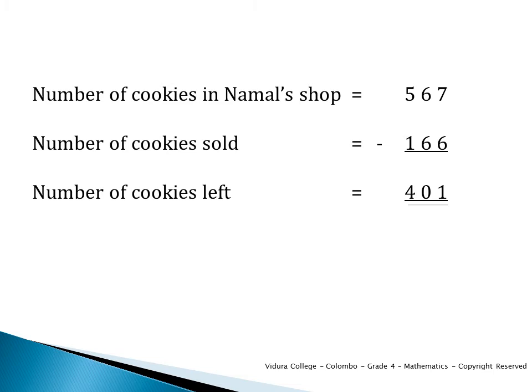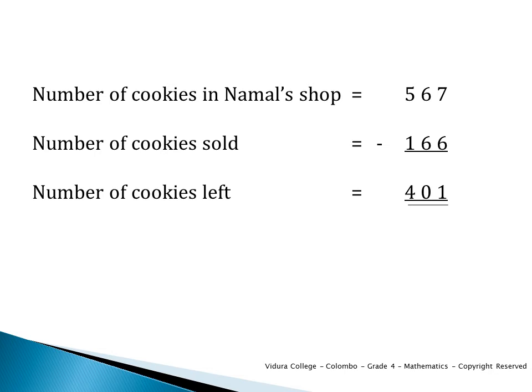Okay, children, let's write down the statement for the above sum now. First statement should be number of cookies in Namal's shop equals 567. Second statement should be number of cookies sold equals 166. Third statement should be number of cookies left.